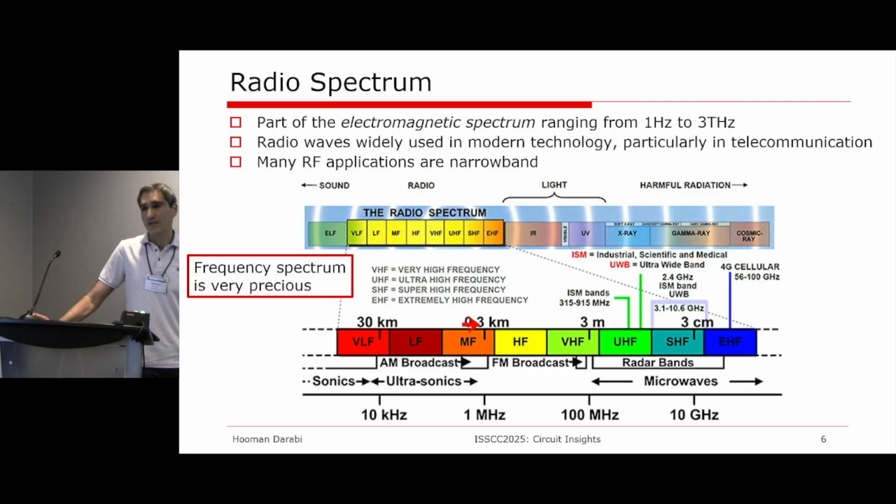which is essentially the speed of light, that is how fast electromagnetic waves travel in air, divided by the frequency. Then the FM broadcast is around 100 megahertz. For the most part, for the applications I'm personally interested in, and most of the radios I showed you inside your iPhone or smartphone, they operate in this range of frequency, which is several gigahertz.